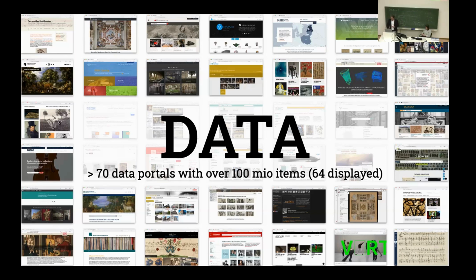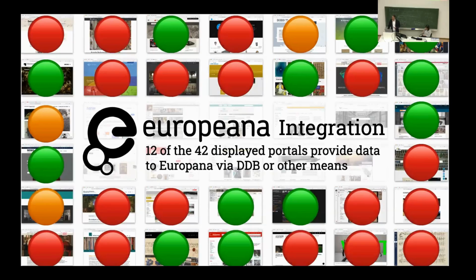And when we're looking closely, and that was also very interesting for us, here you see, and that's not a critique, but that's the situation, only one third of them really contribute at the moment or can contribute to Europeana. So that's the green spots here. The red ones don't, and the orange ones are on their way to contribute to Europeana.